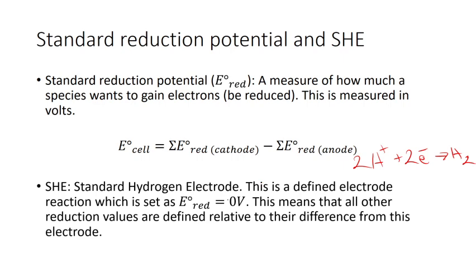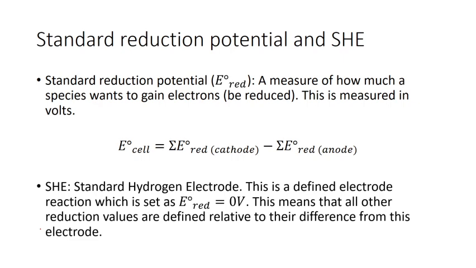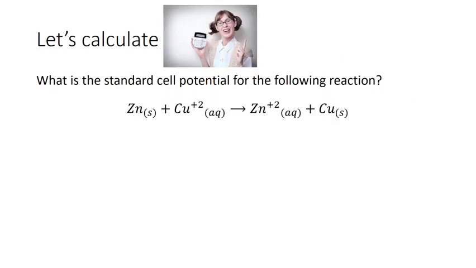We have defined this particular reaction as having a standard reduction potential of 0 volts. In essence, this means all of the other reduction values on a standard reduction potential chart are defined relative to their difference from this electrode. It doesn't really change anything about their values, but it's good to know that all of the values on there are defined relative to the standard hydrogen electrode.